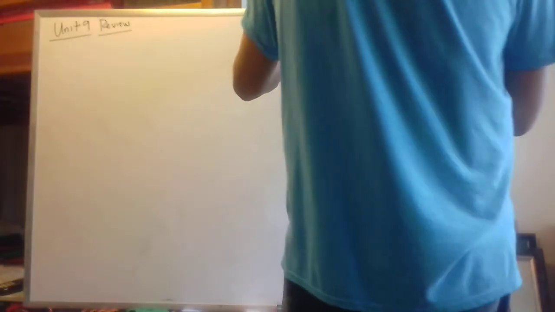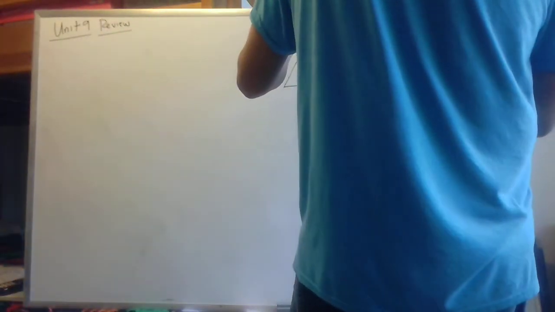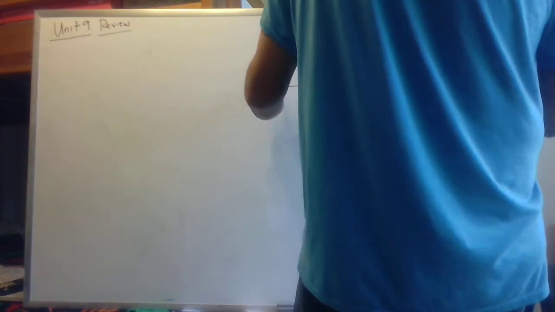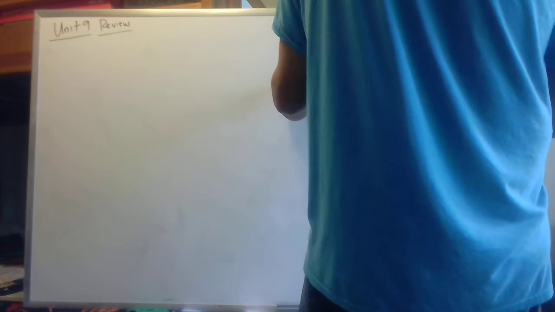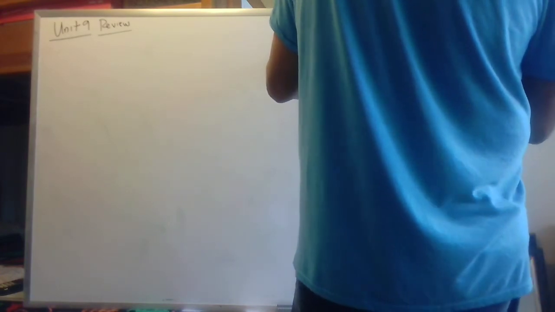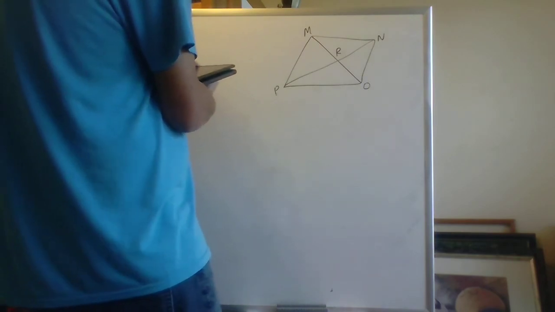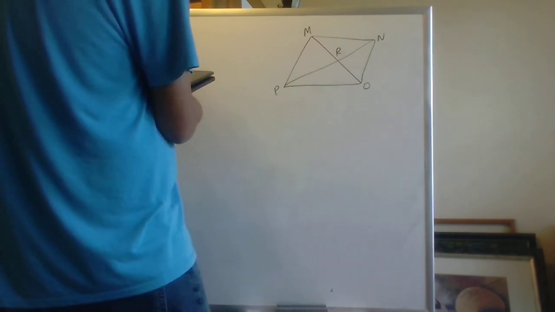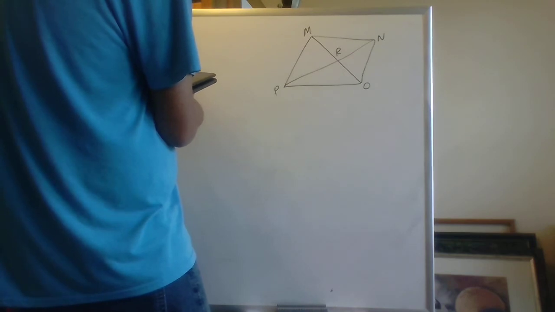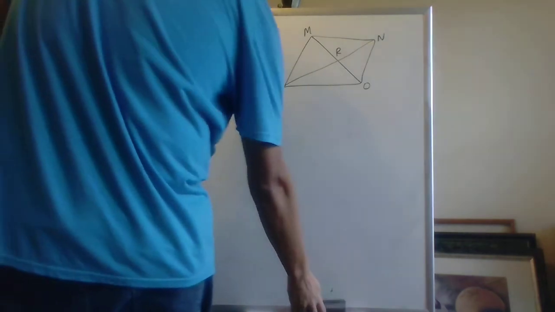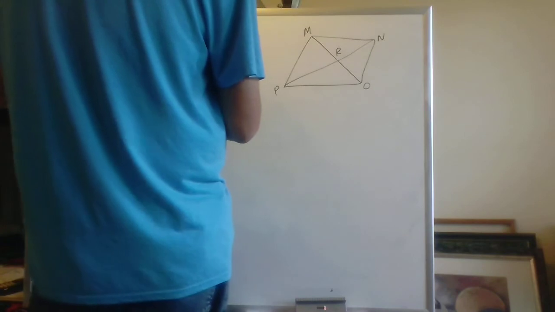So we have this rhombus right here, M, N, O, and P, and we have diagonals, and the intersection of the diagonals is R. Problem 8 says that it's a rhombus, and it wants us to find the measurement of angle M, R, N. So let's draw that.